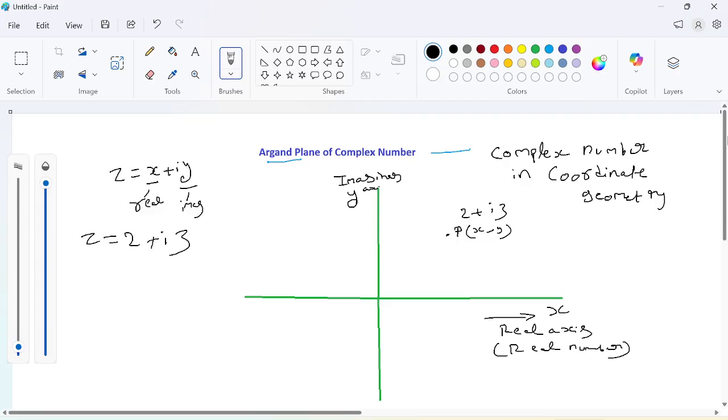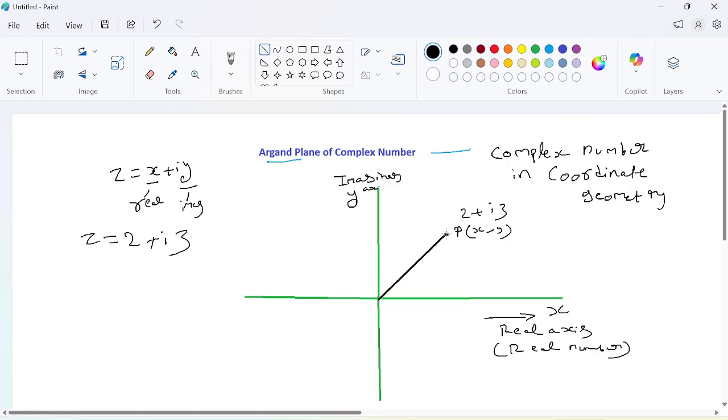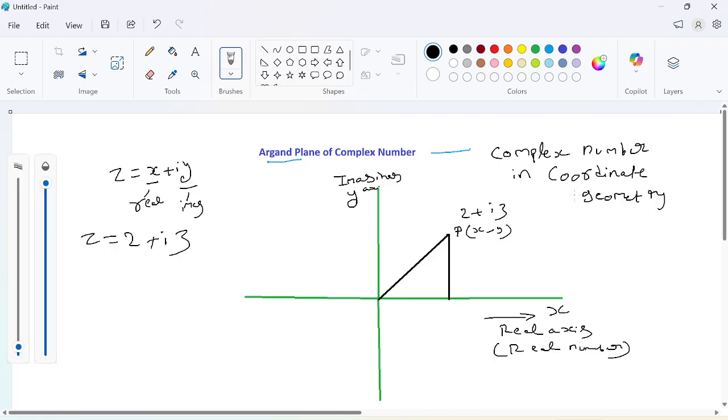Now if I draw a line from here, this part is your 2, and this part is your 3. So 2 is the real part of your complex number and 3 is the imaginary part. That's why the imaginary part lies on the y-axis and the real part lies on the x-axis.